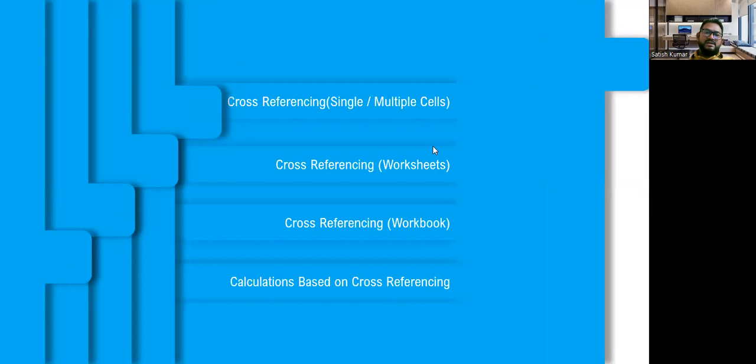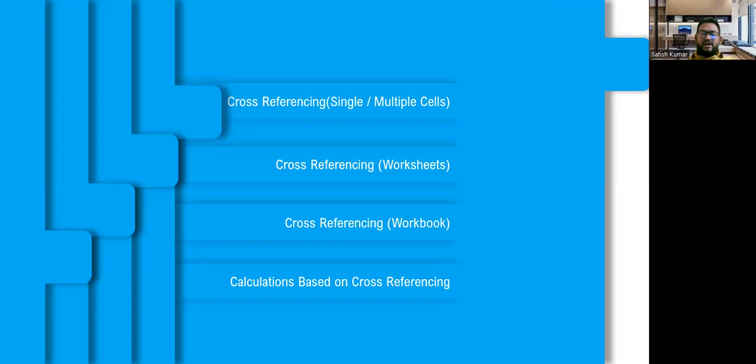In today's session, we are going to cover cross references, and there are multiple methods of using cross references: single cross references, multiple cross references, worksheet references, workbook references, and so on.